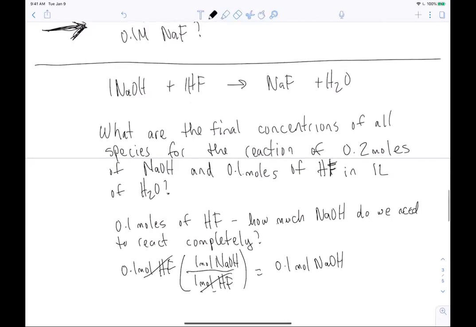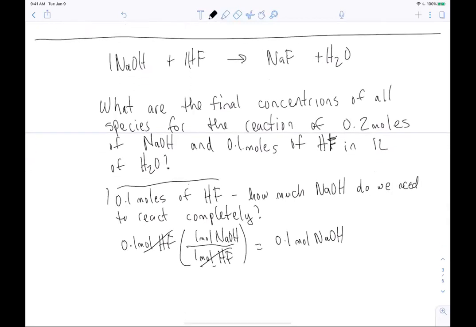So if the HF reacts completely, that means I've consumed 0.1 moles of sodium hydroxide.